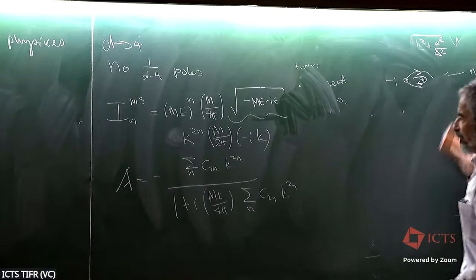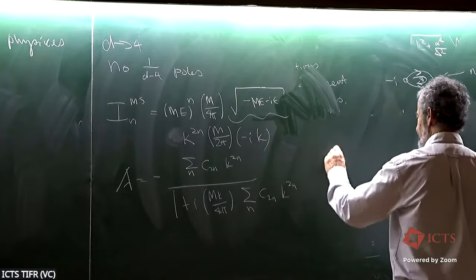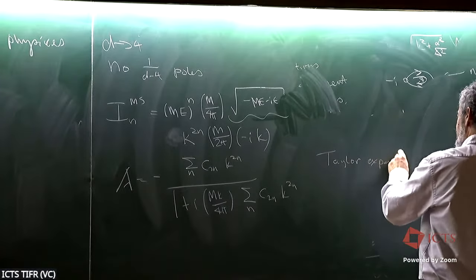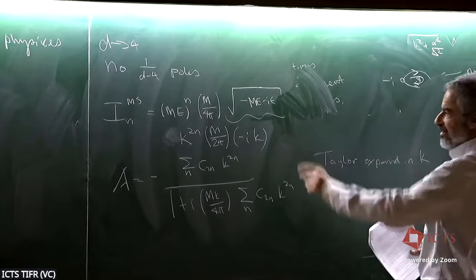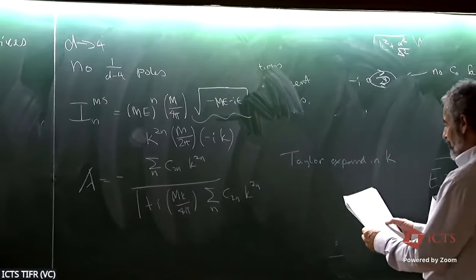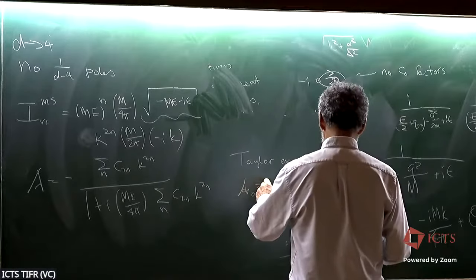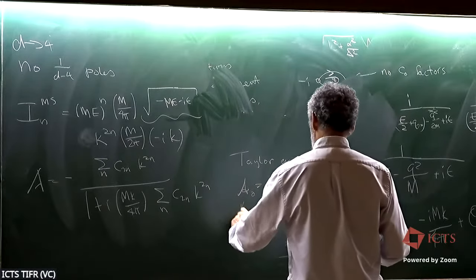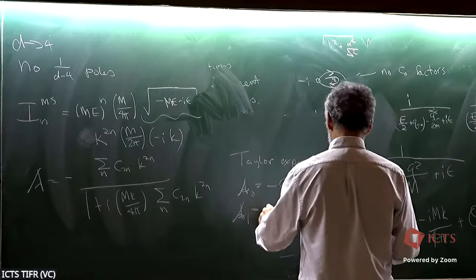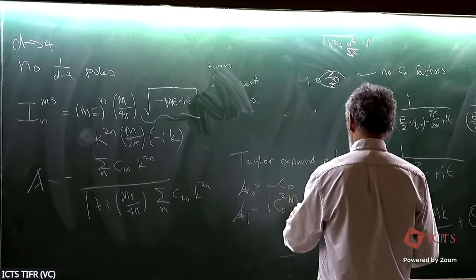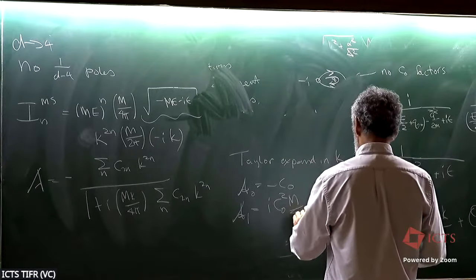And so if I do a Taylor expansion, just like we did over there for the generic case, we get A0, the leading order term, is minus C naught. A1 is equal to I C naught squared M over 4 pi times k.